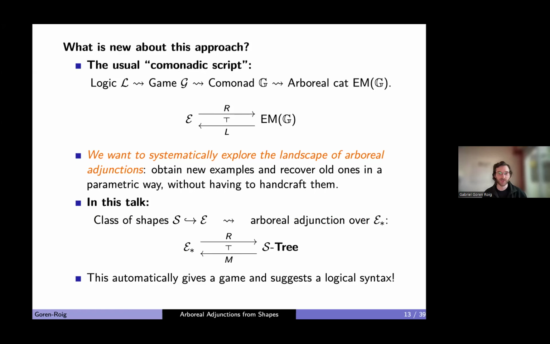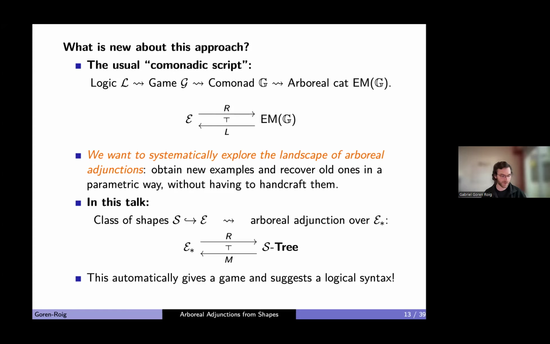Of course, this also gets to the logical side. As I said before, in any arboreal category, there is a notion of bisimilarity, there is an associated game, and there is a logical syntax that should go with it, although we haven't really worked out that part formally yet. I haven't said this before, but these are very recent results.